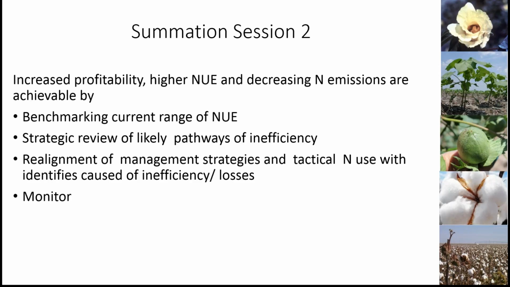Have a look at those 6 items I put up there as the pathways of inefficiency, and decide where that might be, and maybe seek some guidance as to further investigating and isolating the particular cause that might sit within that. Then there's a realignment of management strategies and tactics based on the inefficiencies, and then continue to monitor. So it's a process of continual improvement.